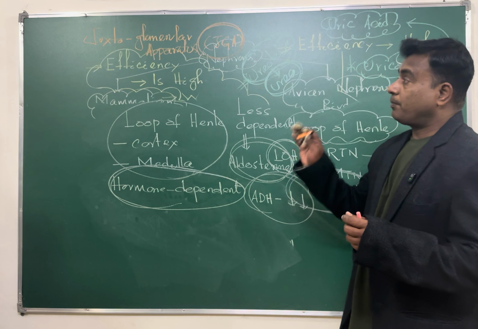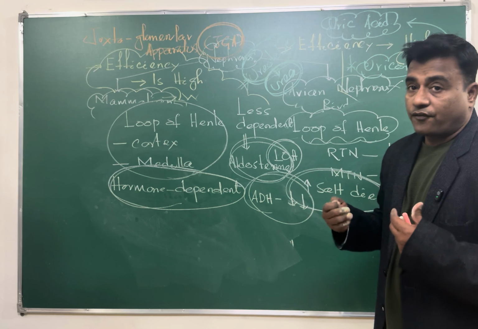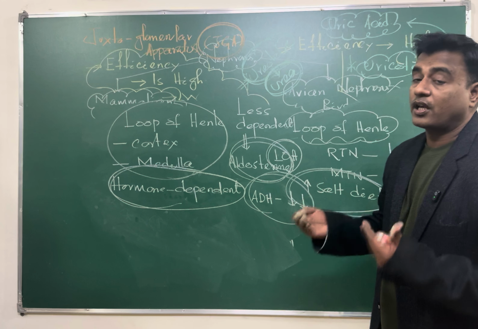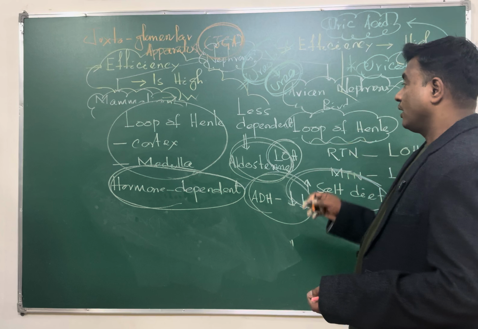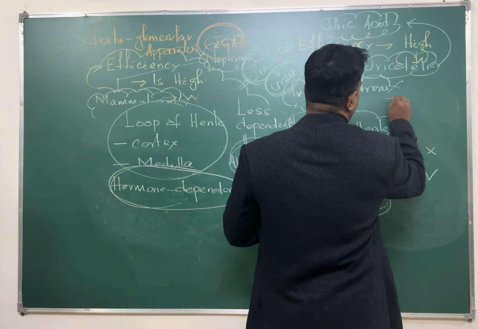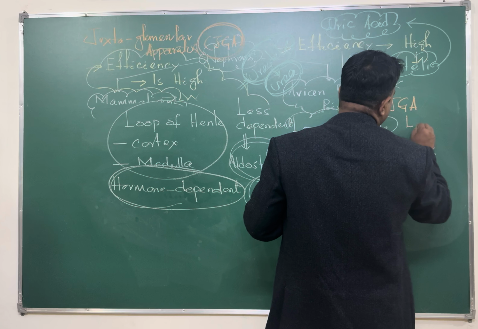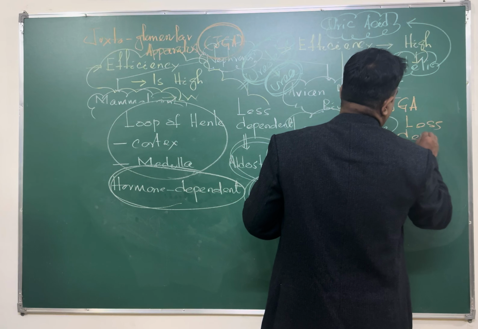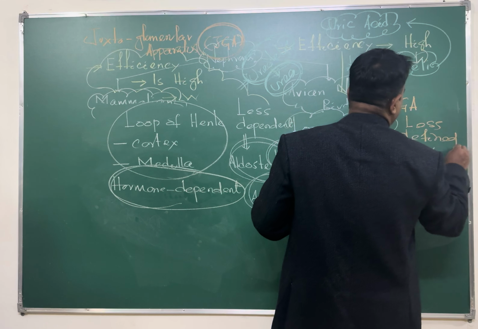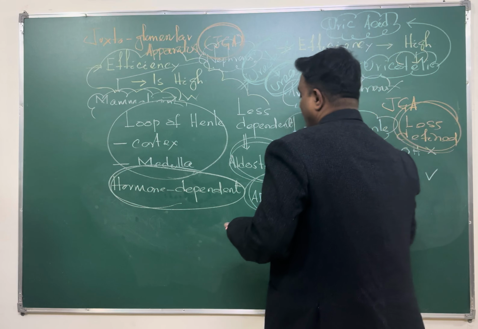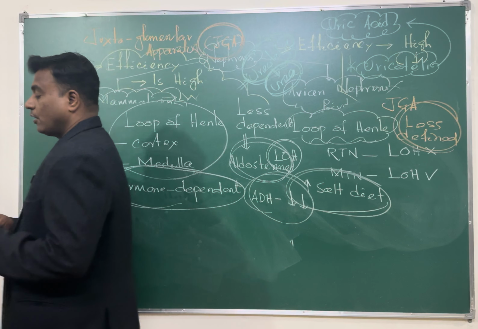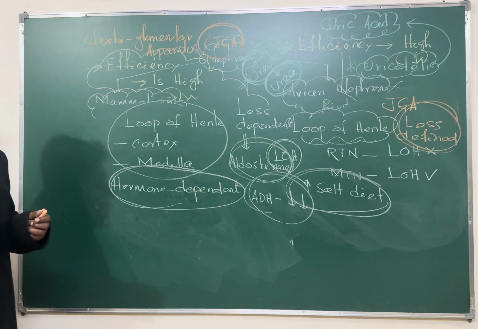That means depending on the JGA activity, the nephrons show modification with respect to their function. But if you see the avian nephron, here JGA is less defined. That means the autoregulatory structure of the avian kidney is lesser compared to that of the mammalian kidney.